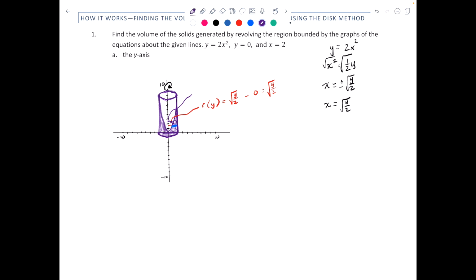And so that would end up being the line x is 2, right? Minus the line x is 0, which is just going to be 2.